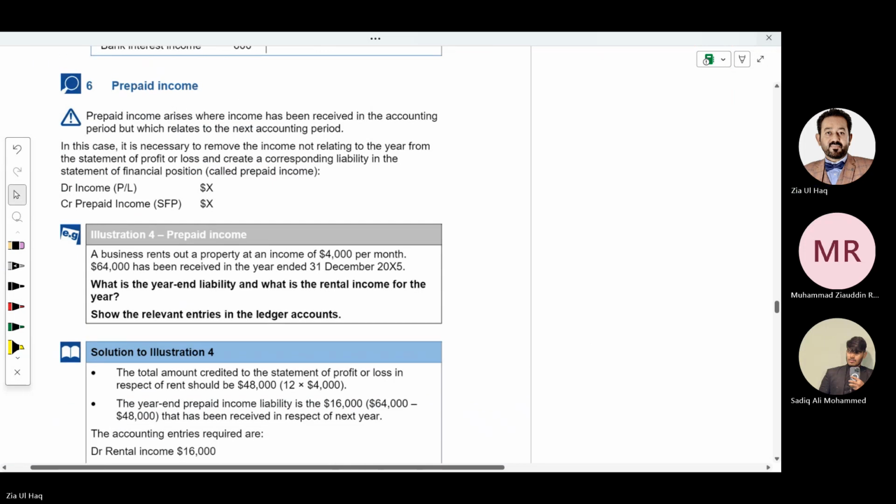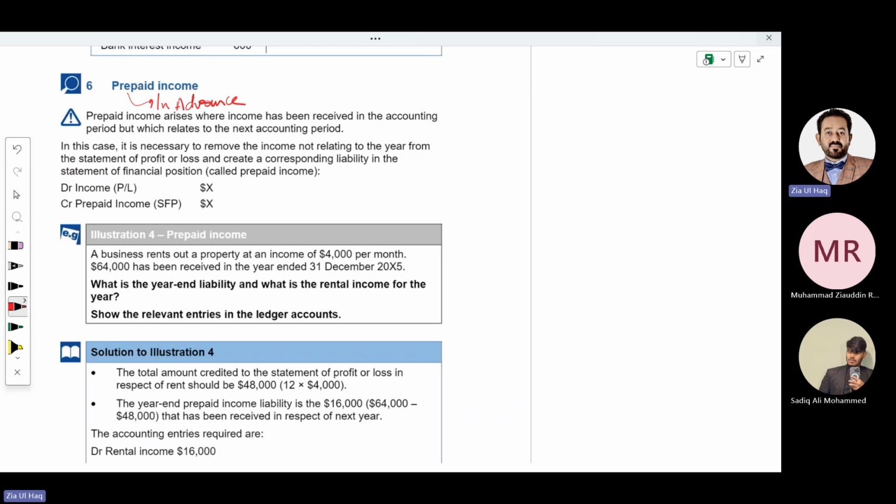Prepaid income, in advance. Prepaid means in advance. Against income, do we pay or receive? Receive. We have received in advance. Meaning money we have received in advance, but the services we need to provide in future.